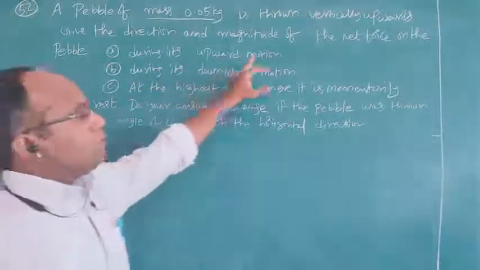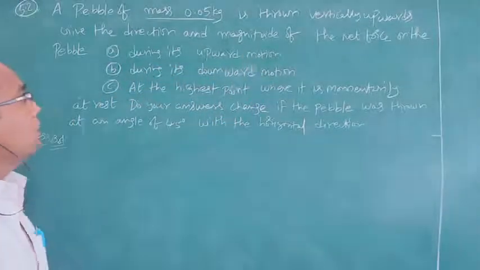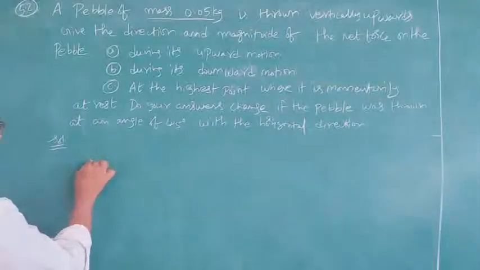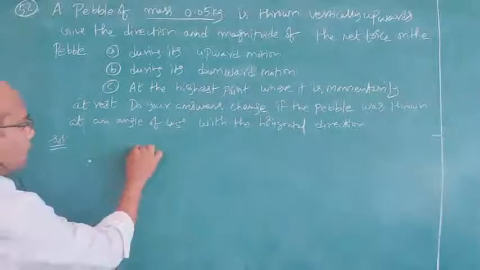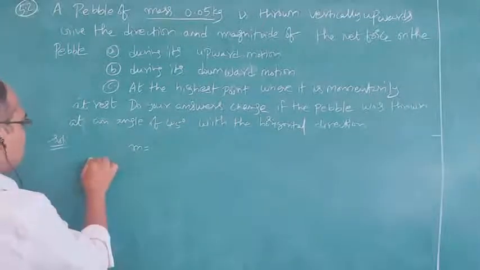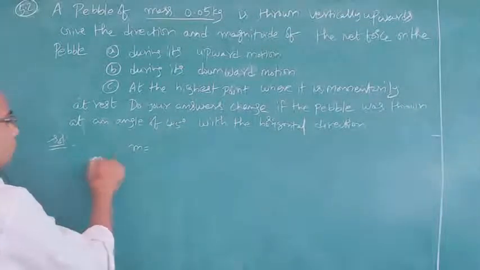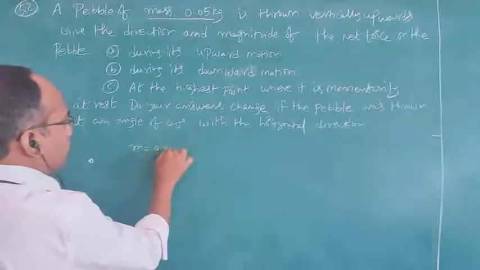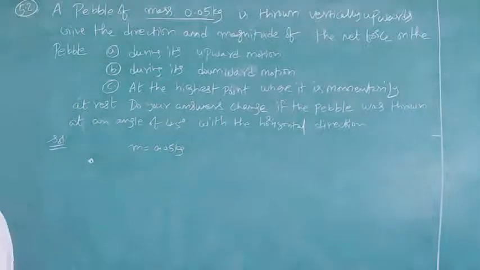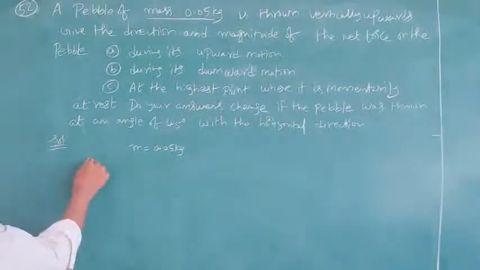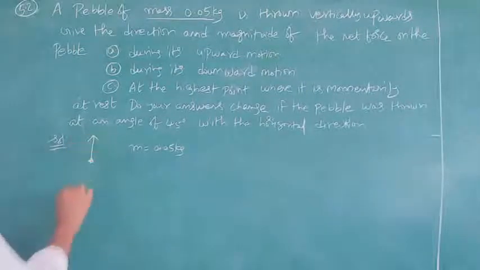During its upward motion, what happens? So, what is the meaning of this one? This is a pebble, and its mass is how much? 0.05 kilogram. It is thrown vertically upwards.